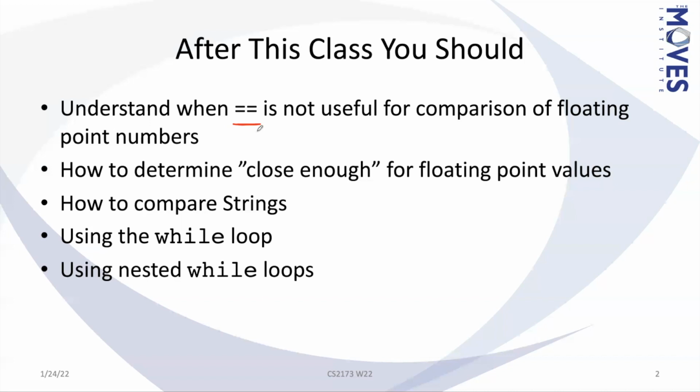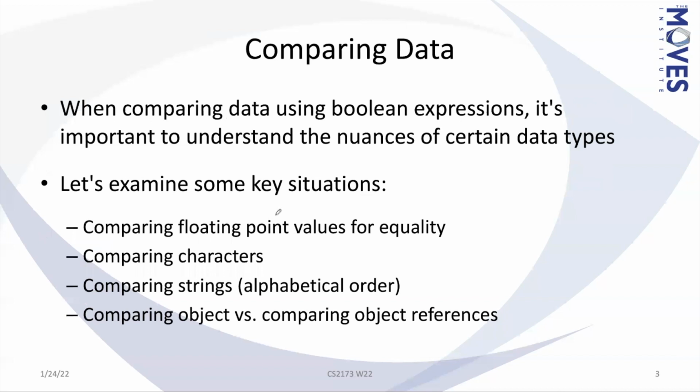And there's a bit of a gotcha there, which is why, again, the double equals isn't used here. If you're coming from JavaScript, it had this triple equals thing that kind of overcame some of that. Java does not have that. So one of the things I hope you're starting to realize is that even though Java and JavaScript have the same Java name in them, they are wildly different languages and really have no relationship whatsoever one to the other. And then we'll look at the while loop and using nested while loops.